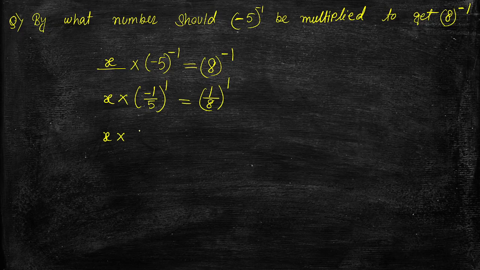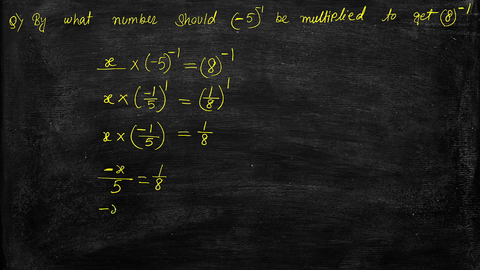So x into minus 1 by 5, and this is 1 by 8 only. Now, x will be multiplied with the numerator, not the denominator. So minus x by 5, equals 1 by 8.